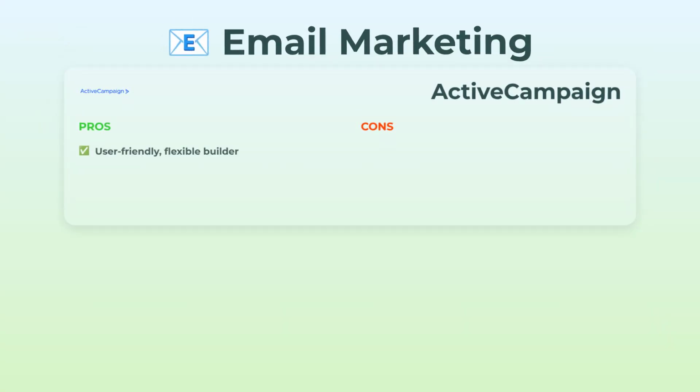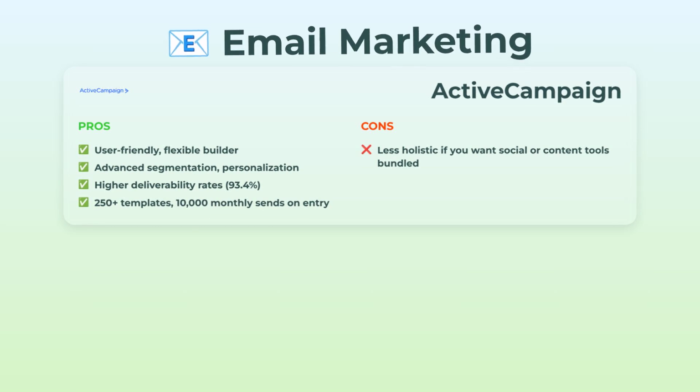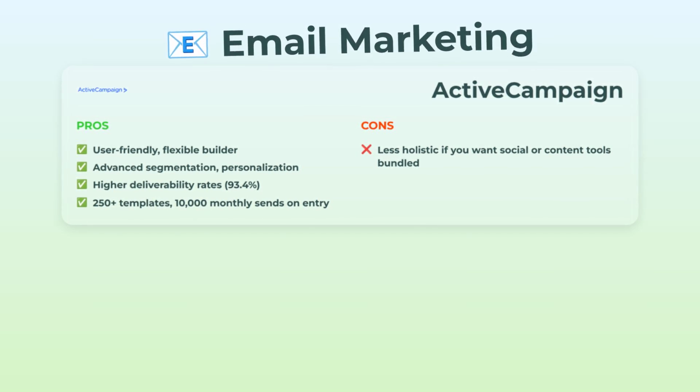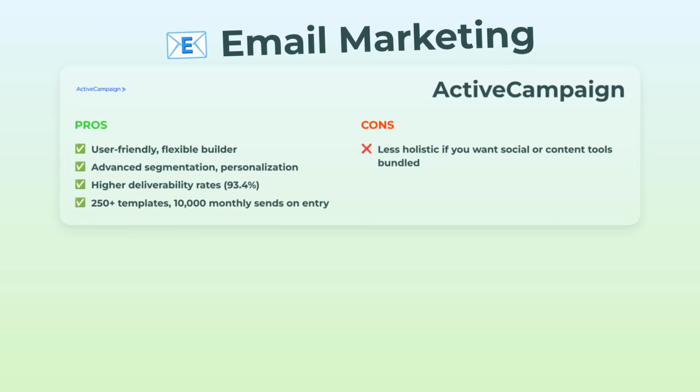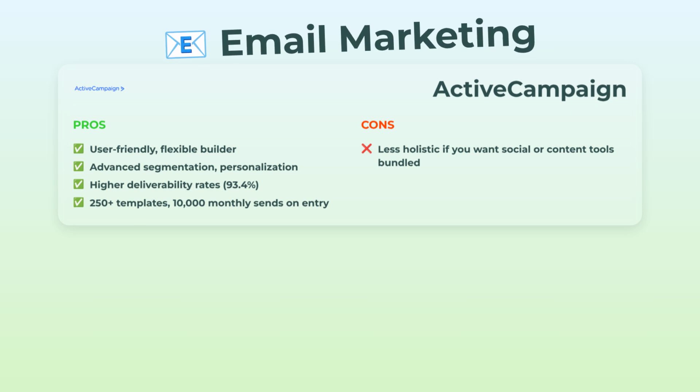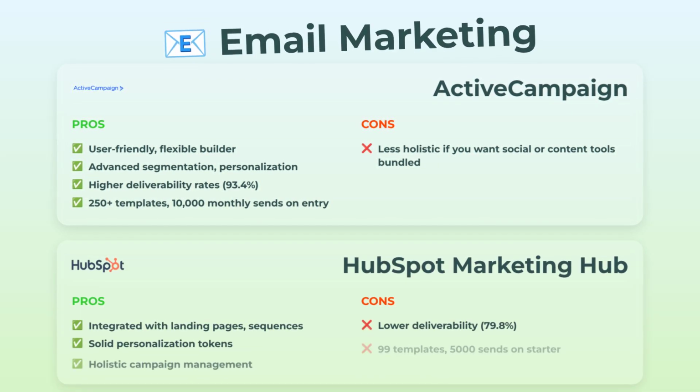Third up, email marketing, which is the core for both. Starting with ActiveCampaign. Super flexible builder, tons of segmentation, and deliverability rates are way up at 93%. That's crazy good. Over 250 templates, and you get 10,000 monthly sends just at the entry level. Downside, it's not as holistic if you want everything bundled like social tools.